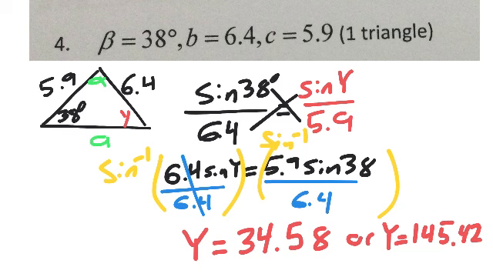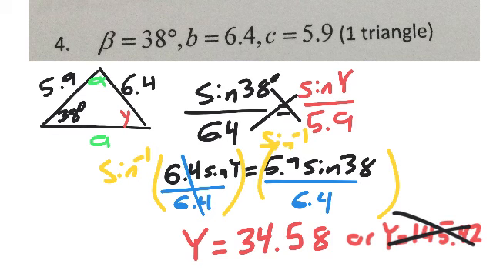So if I did 145.42 plus 38, I get 183.42 degrees, which already exceeds our limit of 180 degrees inside of a triangle. Therefore, this cannot be valid.